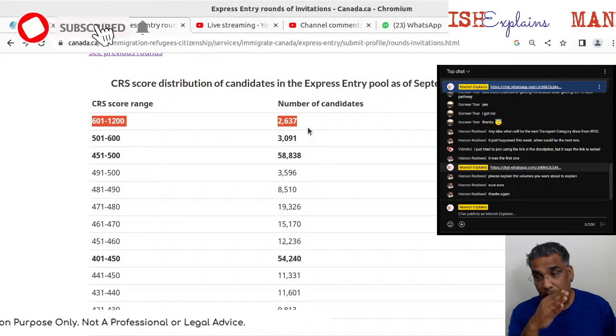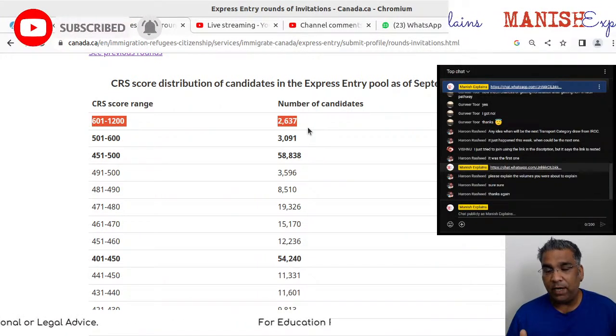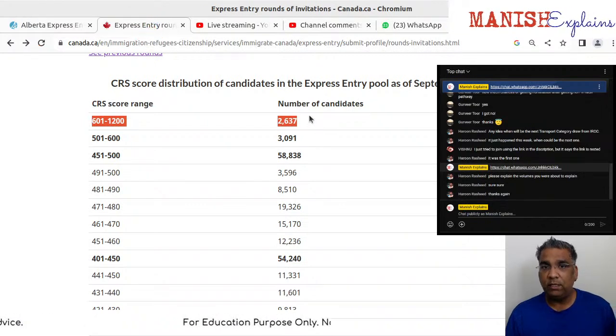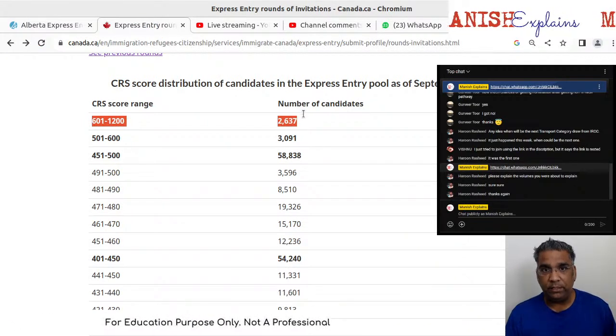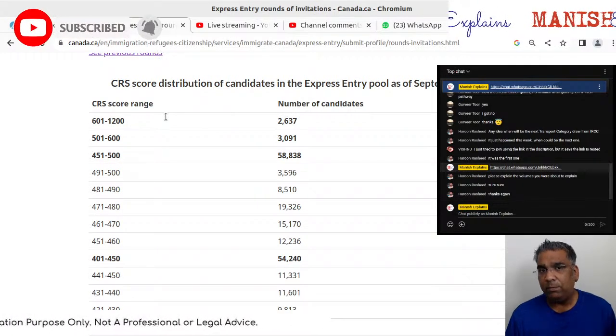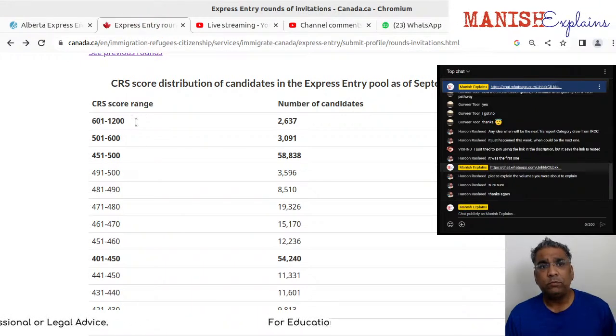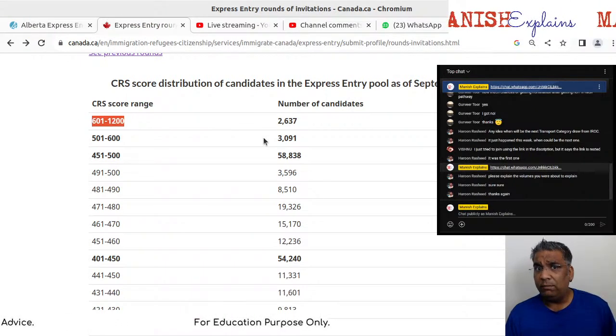In my experience, 90 to 95% of the time, these are the people who already have a nomination. So if you are sitting in the pool with a score of more than 600, it's highly possible that you have a PNP nomination. Not always, but yes, it's possible.